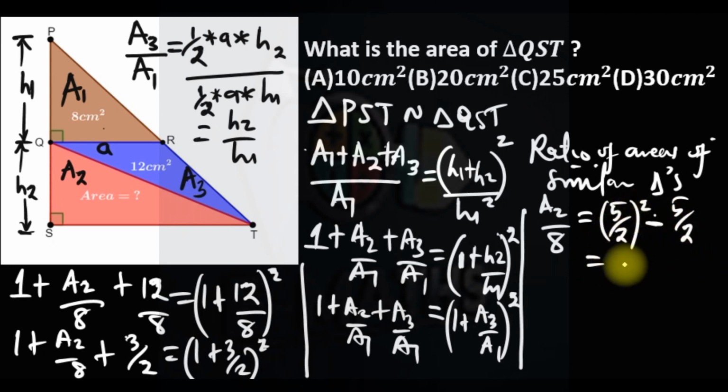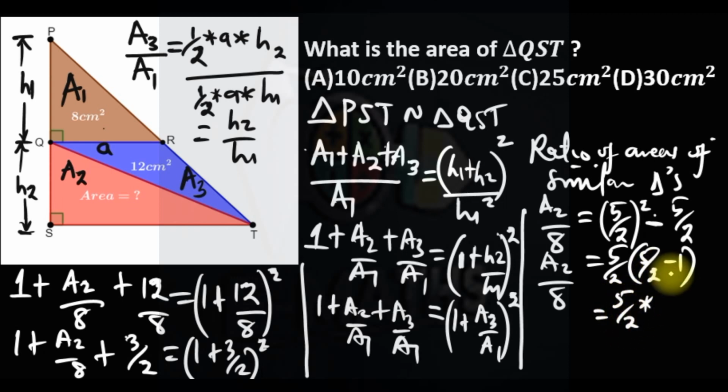So as you can see, we can factor 5 over 2. We are left with 5 over 2 minus 1. You get the logic. 5 over 2 is common. So 5 over 2 minus 1 is 3 over 2.